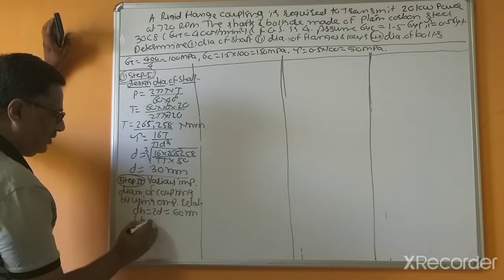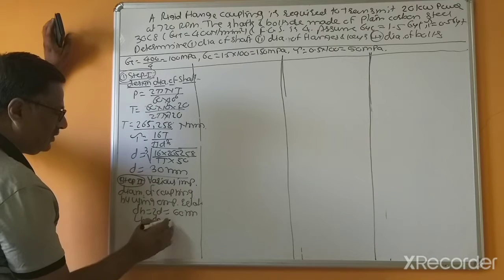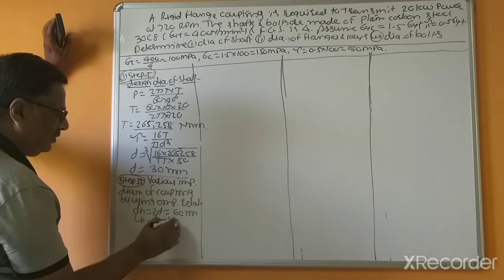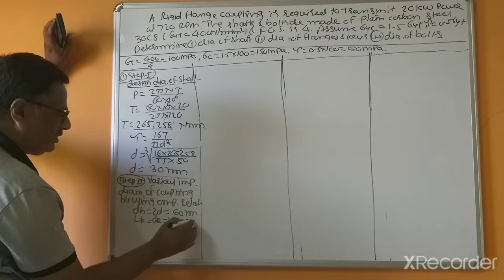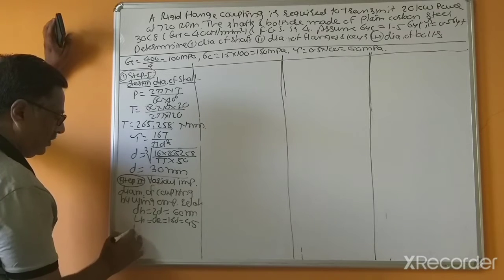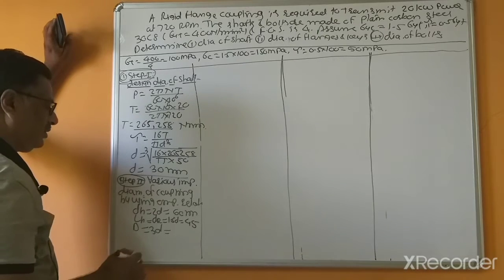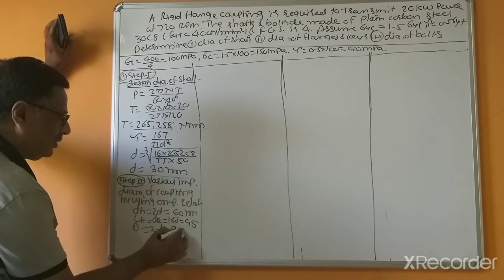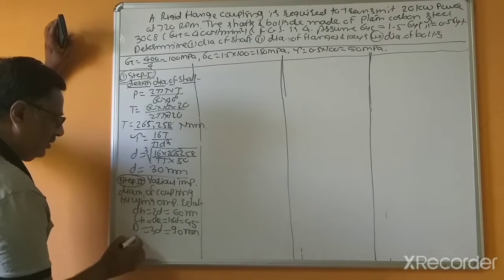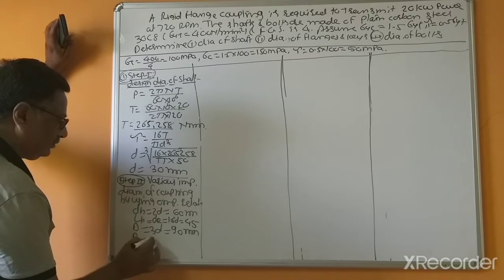Length of the hub, and this is the diameter of the recess equal to 1.5 d. That's why this is 45. Capital D equal to 3d, and this is 90 mm, and outer diameter 4d.